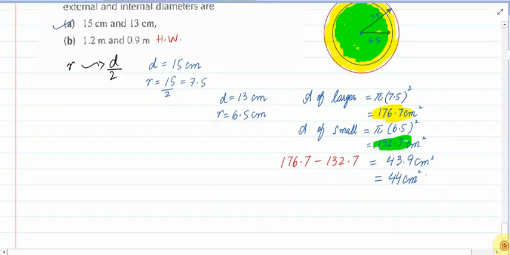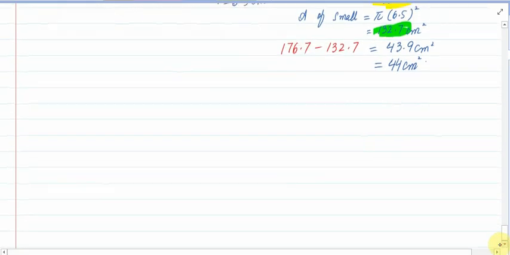Now we are moving towards the next questions, and before going to these questions, let me tell you what we are going to discuss. In our further questions we are going to discuss area and perimeter of the shaded region for both cases.